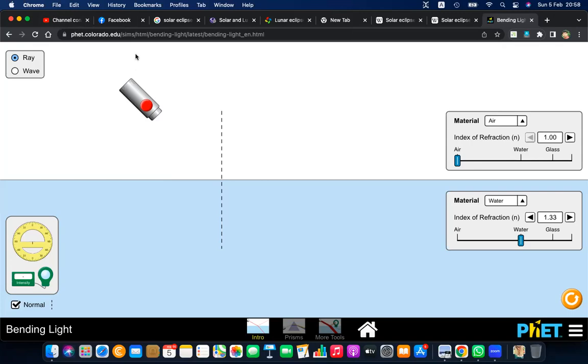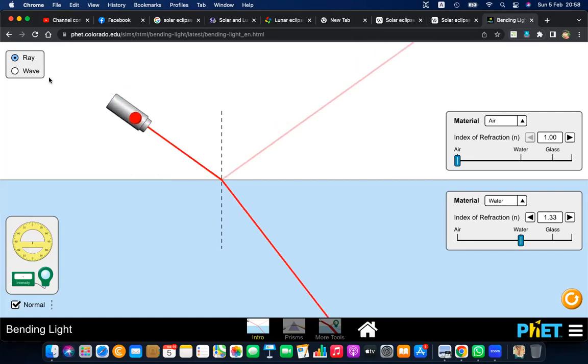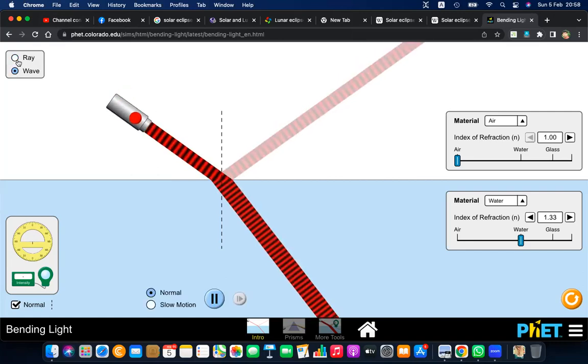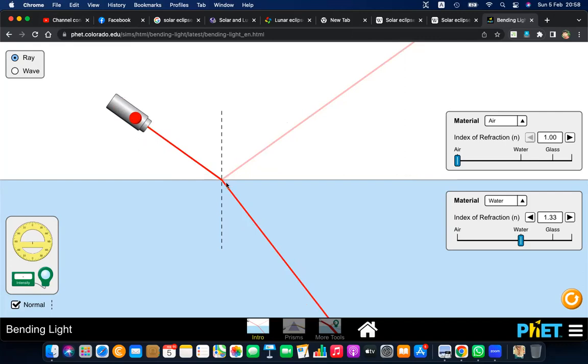Okay, see that, right? You can see this is a light ray or light wave, whatever, falling down. So there is a refraction, and you can see water. Refraction means going down into another transparent medium.